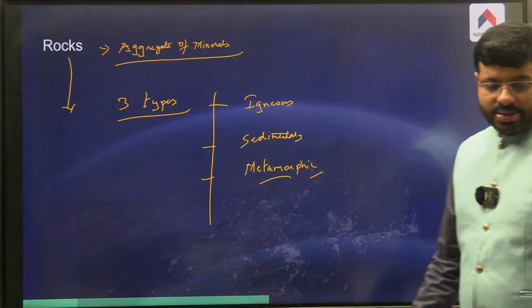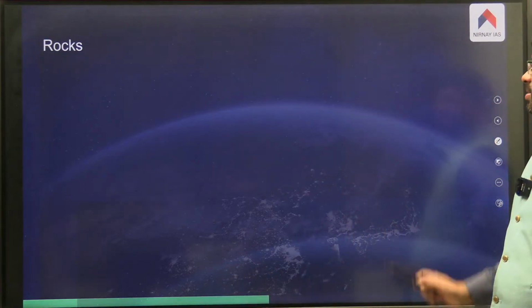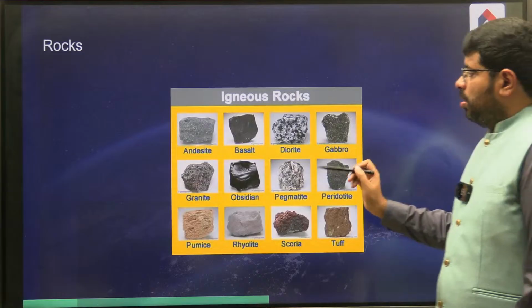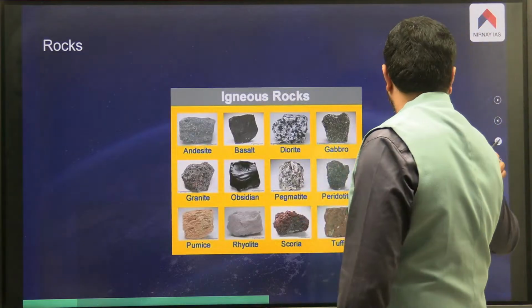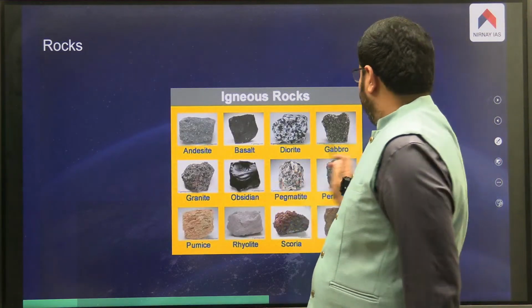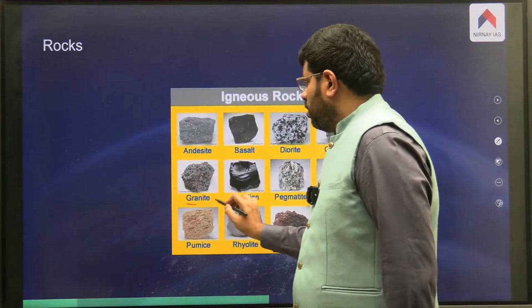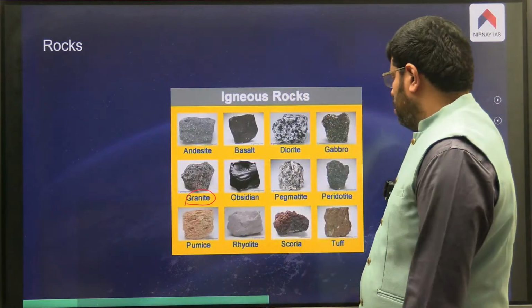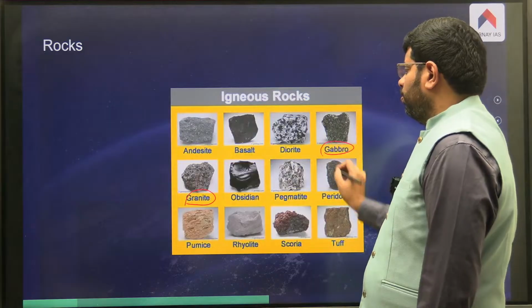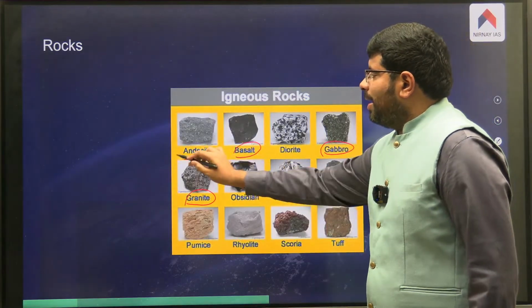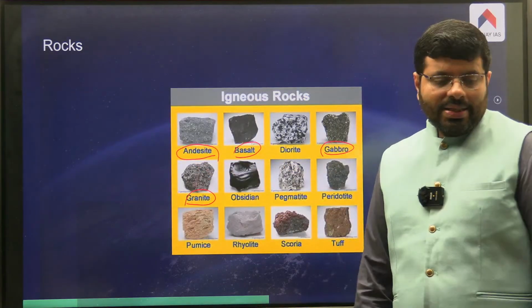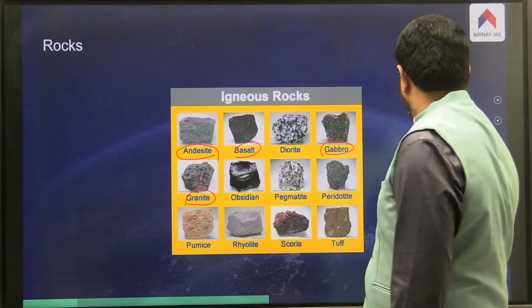So igneous. What is igneous? You see things like granite, gabbro, basalt, andesite, all these are igneous rocks. What are they?